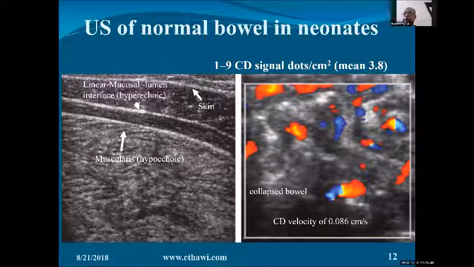When you look at the bowel, you'll see the skin, and then you will see an area between the skin and the first bowel wall. You'll see subcutaneous tissue, maybe muscle, but you will not see it on the ultrasound. So what you will see, you'll see a linear hyperechoic area, and then you will see the lumen. And if you're good, you will see a hypoechoic area.